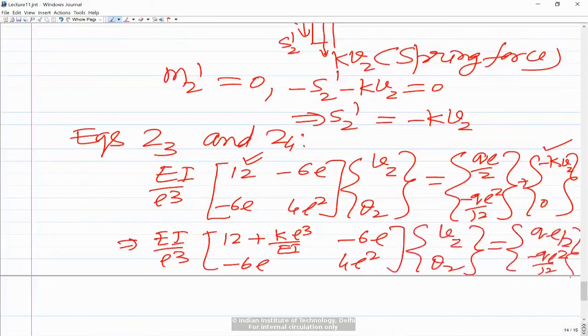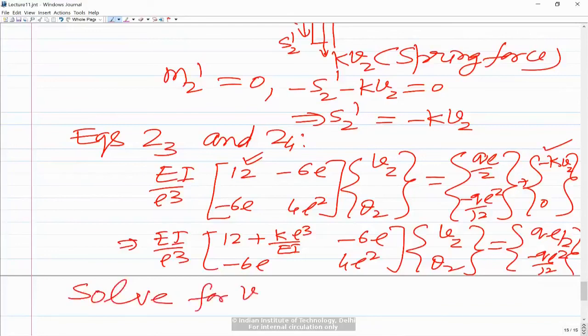So now you solve this equation for V2 and theta 2, and once you have done that, then you can solve for the S11 and M11, the reaction force and reaction moment at node 1. So the solution is the same, only thing is you have to solve the simultaneous equations here.